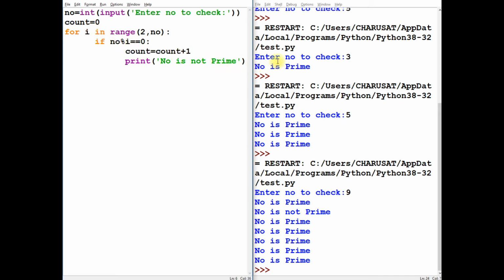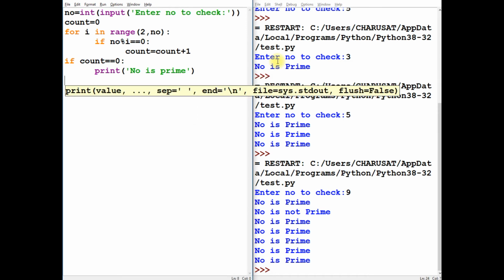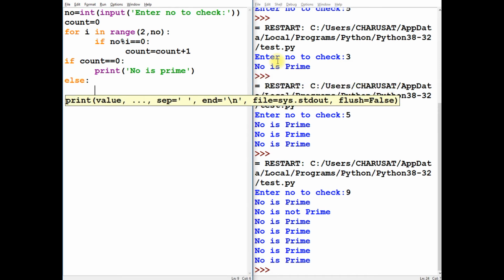So what I can do now is, after the end of this for loop, if count is equal to 0, that means print number is prime. Or else if count value is different than 0, then number is not prime.